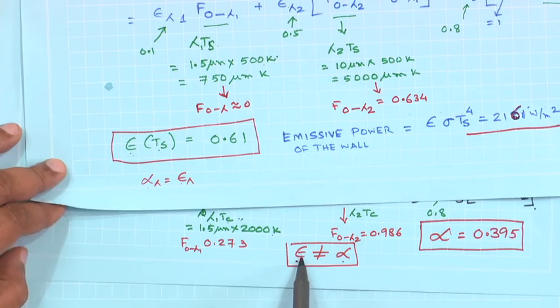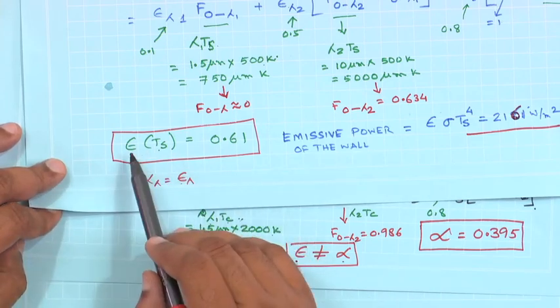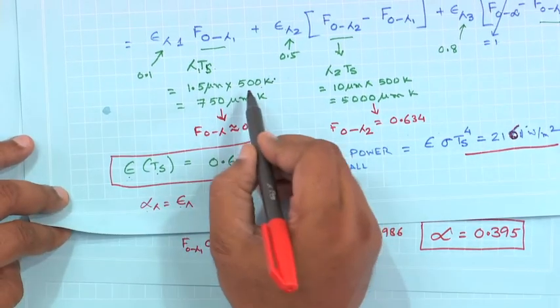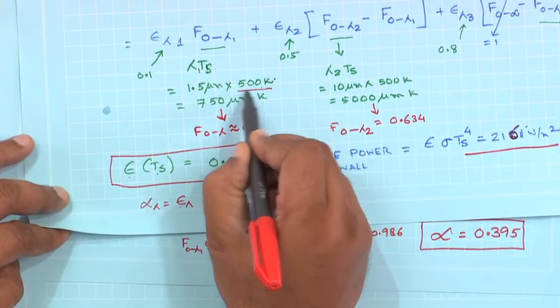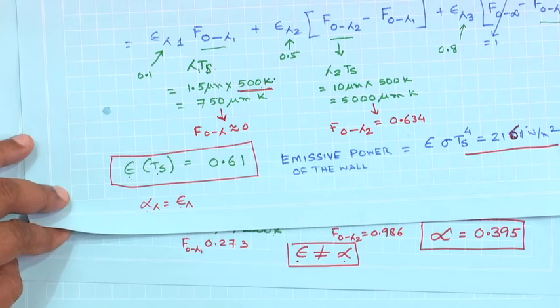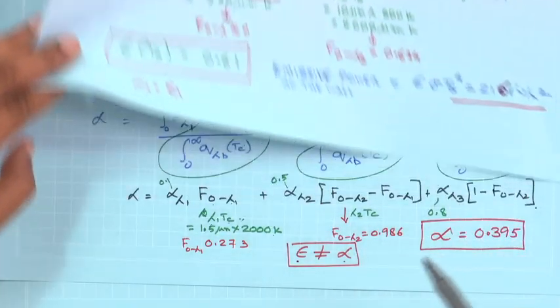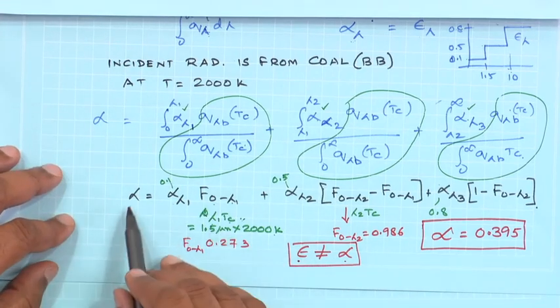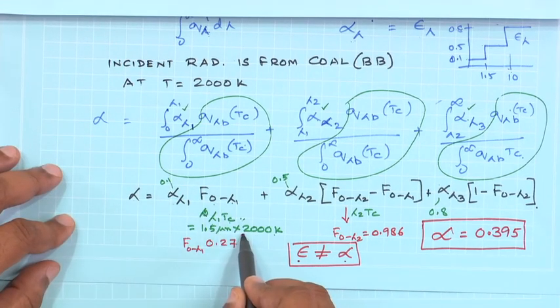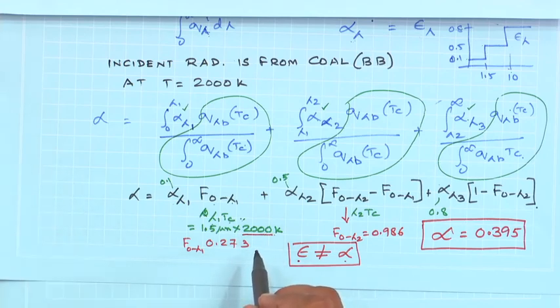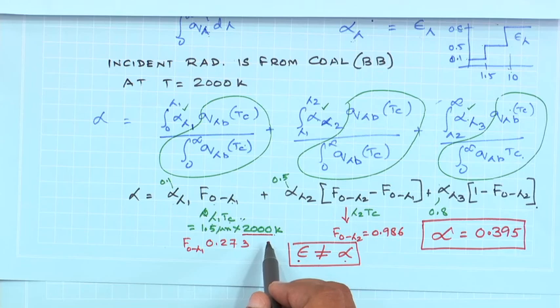The primary reason is that the emission is calculated based on the temperature of the substrate itself, which is at 500 Kelvin, whereas the absorptivity is calculated based on the temperature of the source from where the emission is coming.